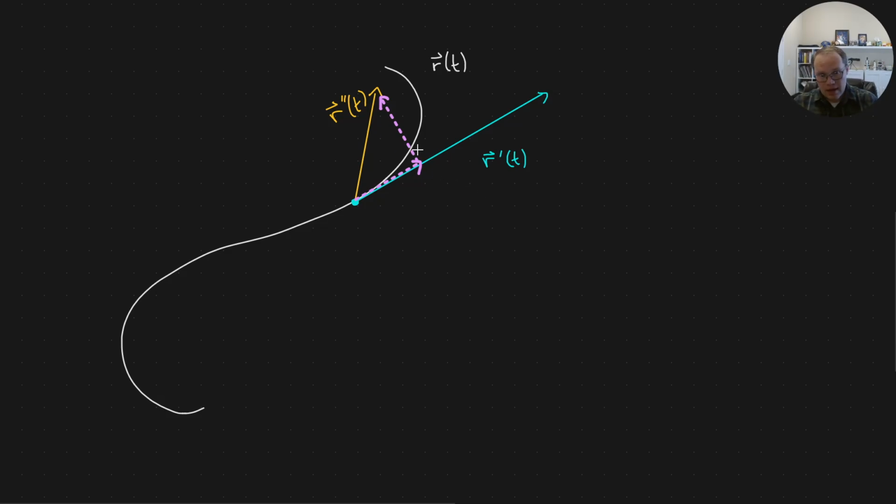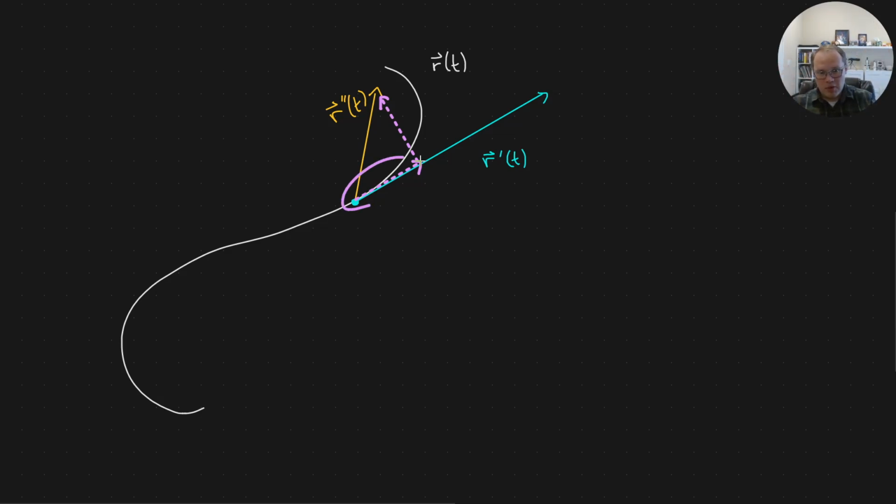But notice that there are two ways for r prime to change. I could change the derivative by changing the length, either speeding it up, making r prime longer, or slowing things down, making r prime shorter. Or I could change its direction and leave the speed the same.